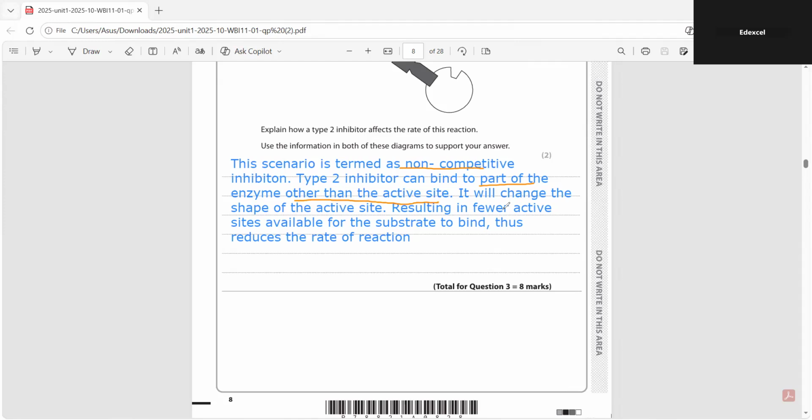It will change the shape of the active site, not directly but indirectly, resulting in fewer active sites available for the substrate to bind, thus reduces the rate of reaction. So this is the answer that you can write for this question. So that's all about question number 3.